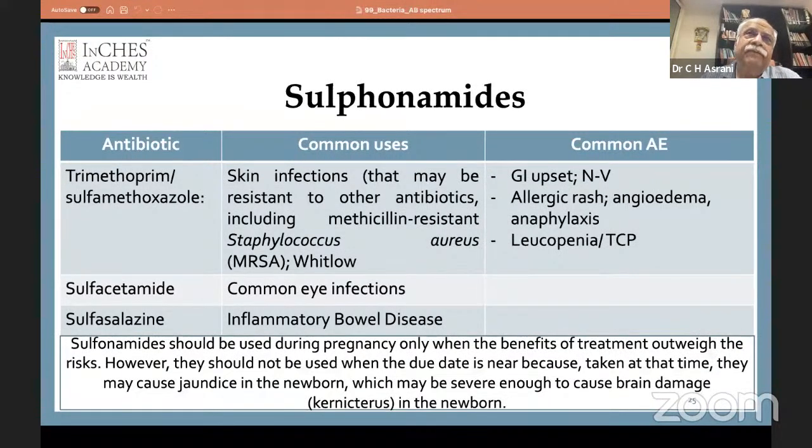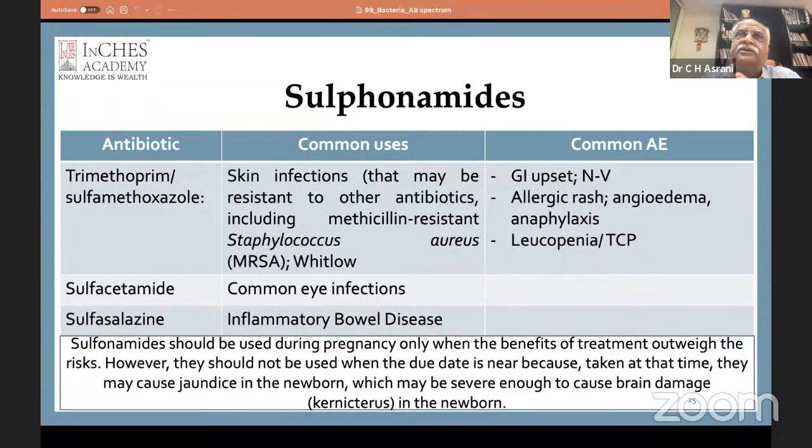Sulfonamides. Although some of them are still available and very few of us use them, I am a very good user of sulfamethoxazole trimethoprim. Skin infections that may be resistant to other antibiotics, including methicillin resistant staph, MRSA.